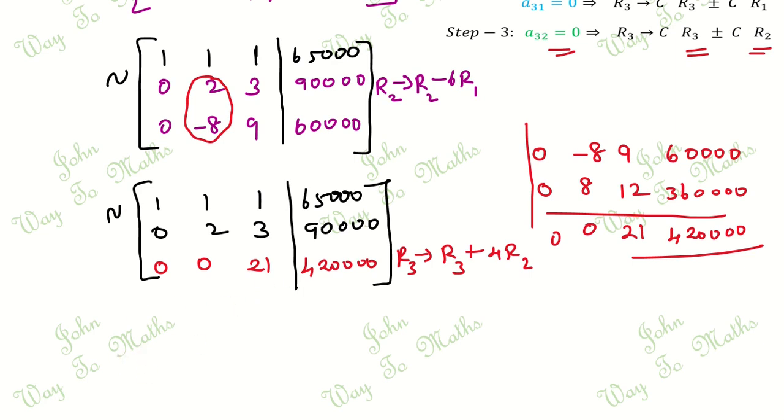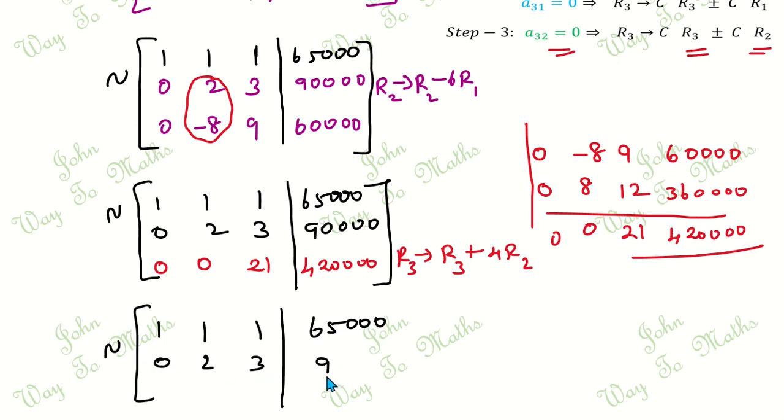So which is equivalent to, first row becomes 1 1 1 65,000. Second row 0 2 3 90,000. Third row is divided, row 3 by 21.